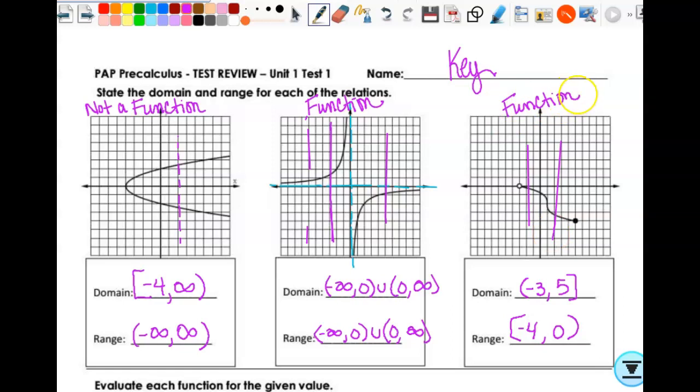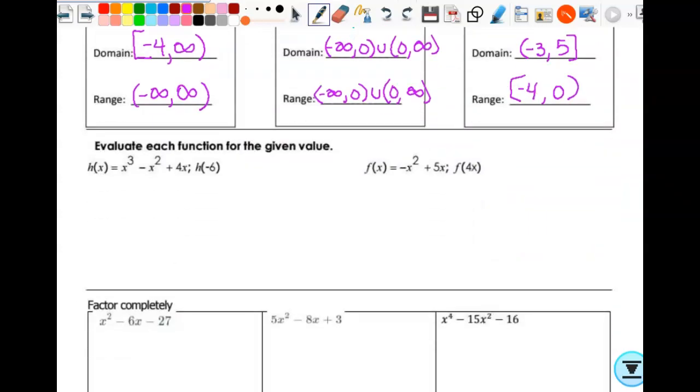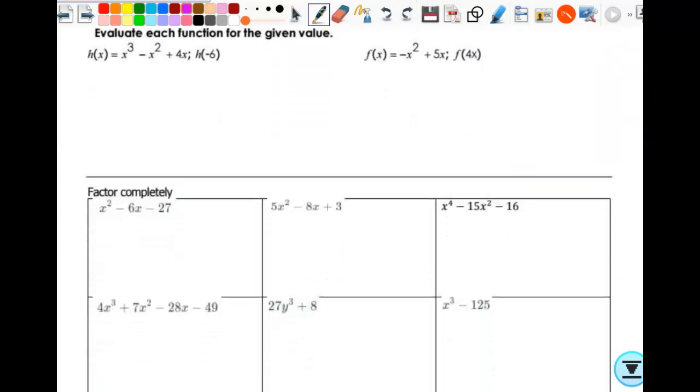Here we go. All right, so I need to evaluate. Remember, when you do these, or really most anything we do, the first step is zero work. You just substitute it in. Your notation matters. h of negative 6, which is what I'm looking for, is equal to negative 6 cubed minus negative 6 squared plus 4 times negative 6.